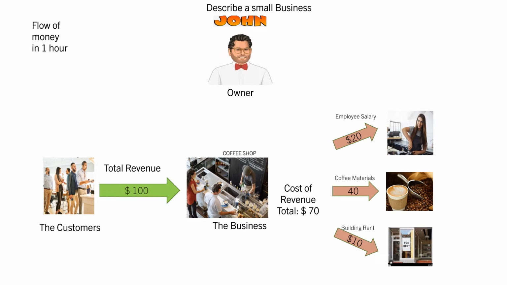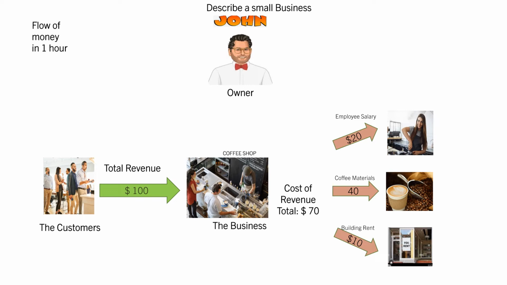So whenever we go down that path a little bit further, all these terms are going to translate over. So the total revenue would be the money that all these people spent. So that $100 comes into the coffee shop. We are not even talking about any of the costs that John had or the employees that were working for John while they are running the coffee shop.